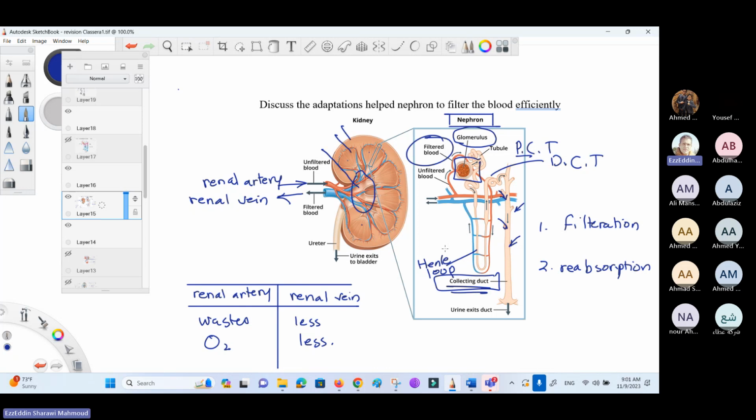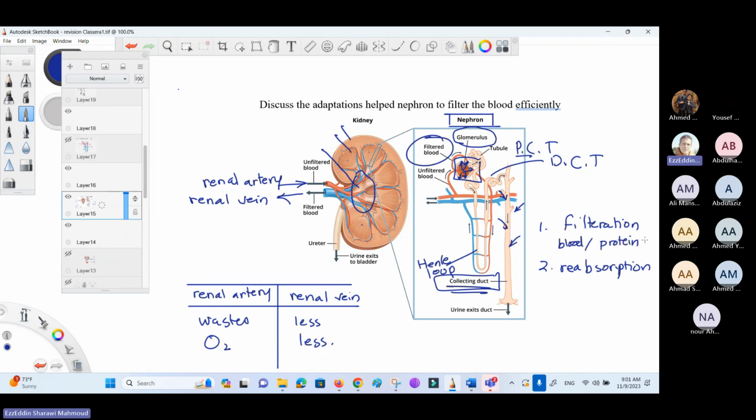Well, in the filtration process that happens in Bowman's capsule, the blood loses most of its components, good and bad. All of the plasma components like water, glucose, vitamins, salts, urea can move from inside the glomerulus to the Bowman's capsule, except blood cells and proteins.